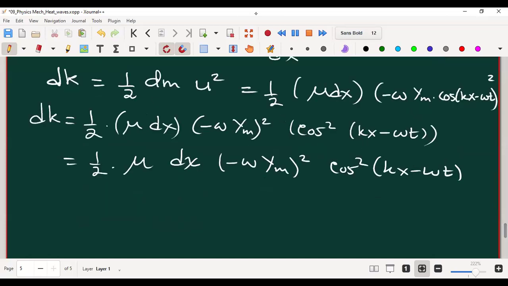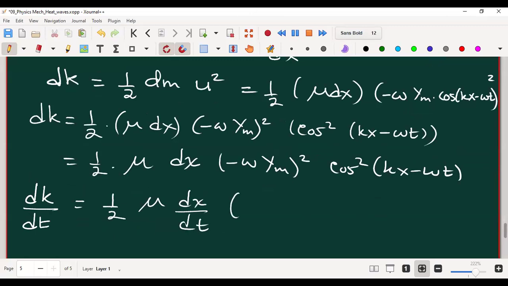And then for the power, you can define power as the derivative of kinetic energy. So this one becomes half mu dx/dt, and this one becomes positive omega squared ym squared, then cos squared (kx − ωt).